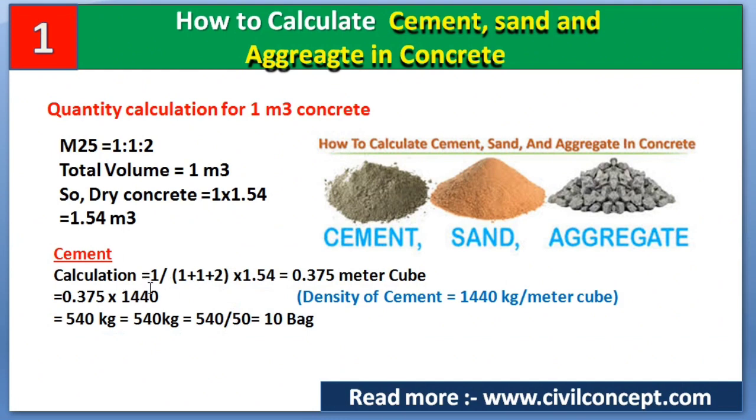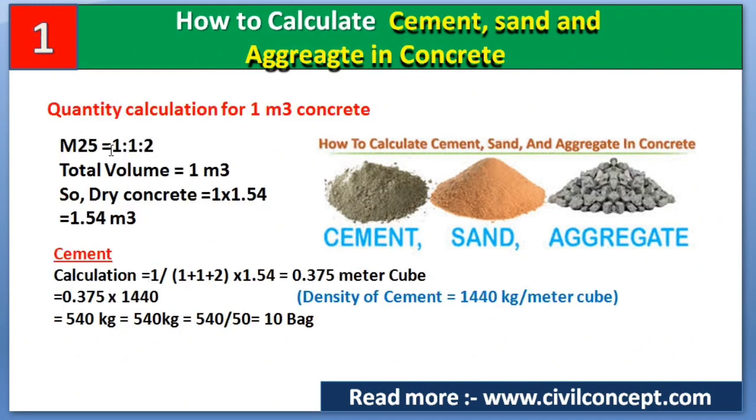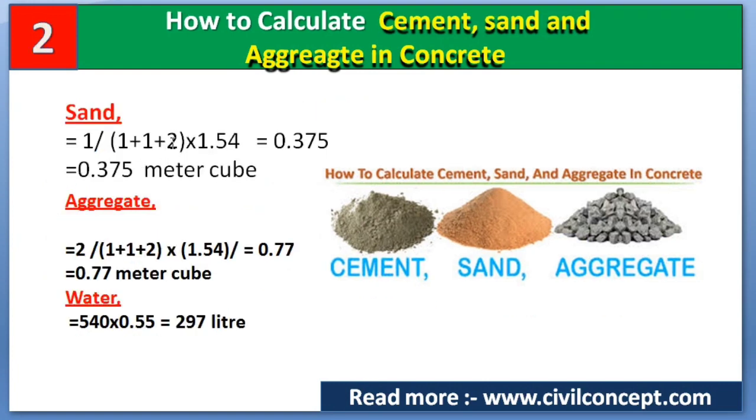Now let us calculate our sand and aggregate. For sand we will apply the same formula: 1 divided by the total sum, because for M25 grade of concrete one part is sand, into 1.54, and again we will get 0.375 meter cube of sand.